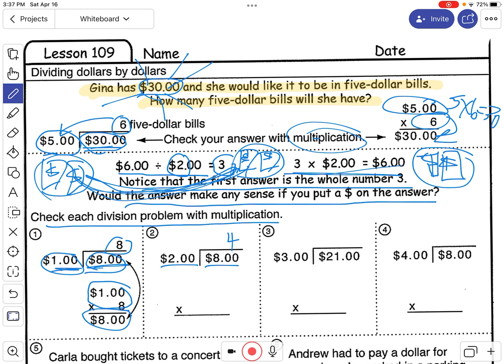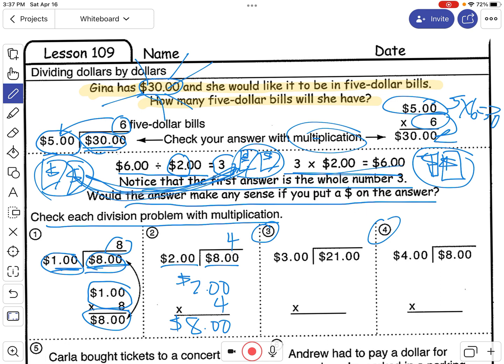Well, the answer would be 4, of course, right? Because 4 times 2 is 8. So $2, write this on your paper, times 4 is $8.